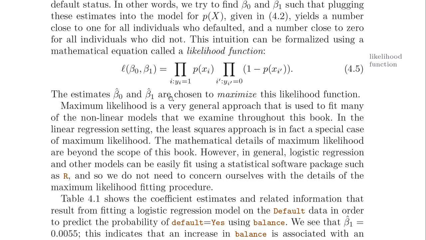We're going to maximize, so please think of it as selecting those two parameters for which the likelihood is maximum. So it's no longer minimizing the residual sum of squares. It's maximizing the likelihood.